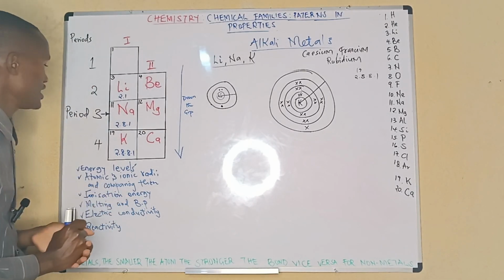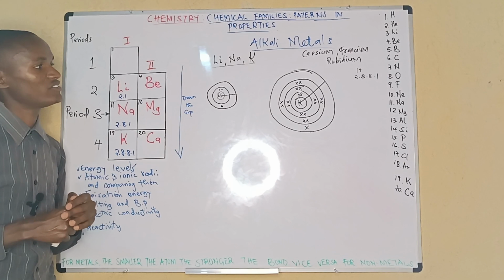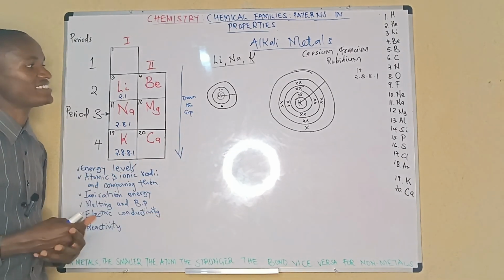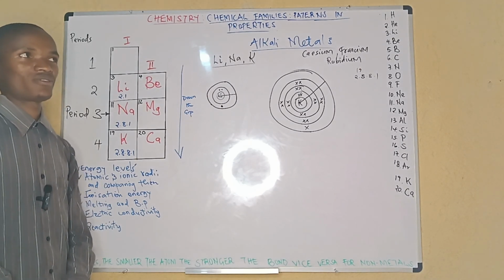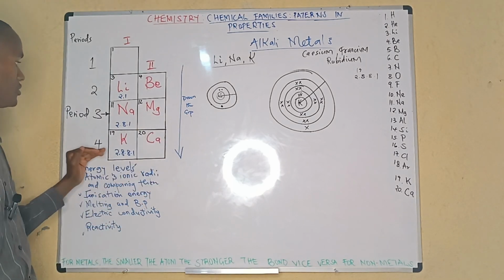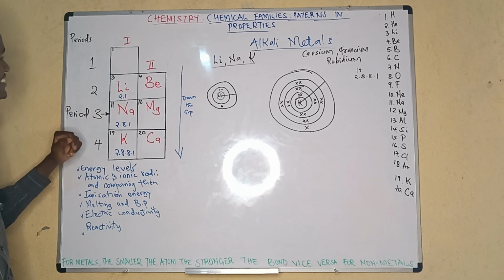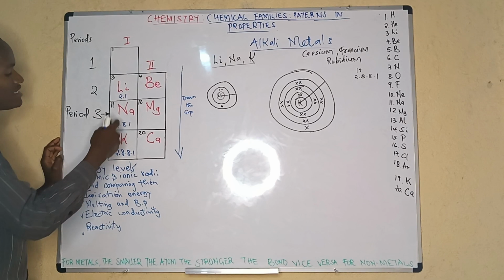Okay, that is good. Let us go to the ionic radius. How does it change, or how does it behave down the group? If I use the term up the group, I can say this one is big, this one is bigger, this one is the biggest.